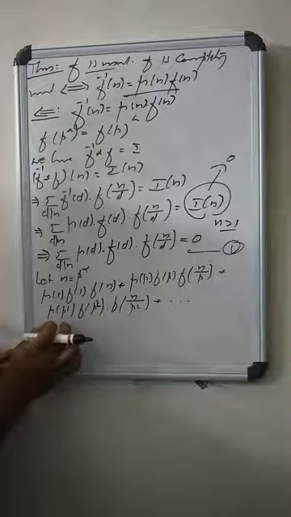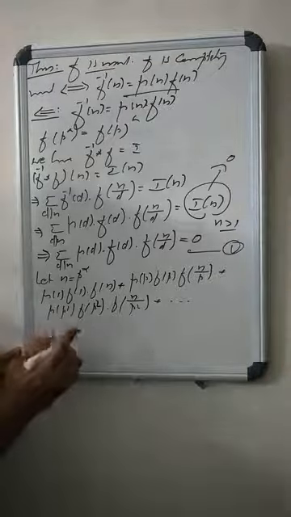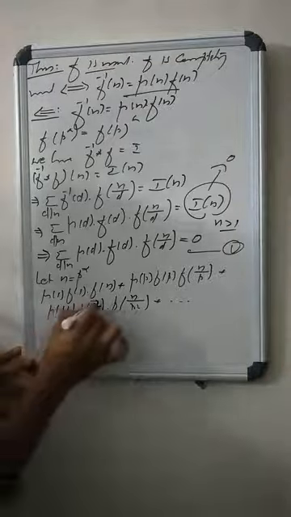Why? By the definition of mu: if it has a square prime factor, the value is zero, so all the terms except the first and second vanish.